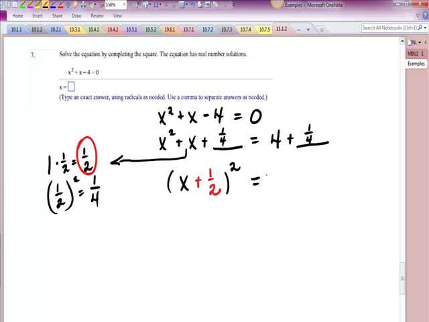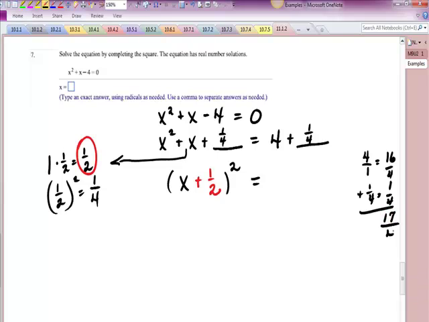equals. Now, on the right-hand side, when you start involving fractions, you don't want to have mixed numbers and you don't want to have decimals. So you're going to need to take 4/1 and add to it 1/4. Common denominator is 4. 1 goes into 4 4 times. 4 times 4 is 16, and this one doesn't change.